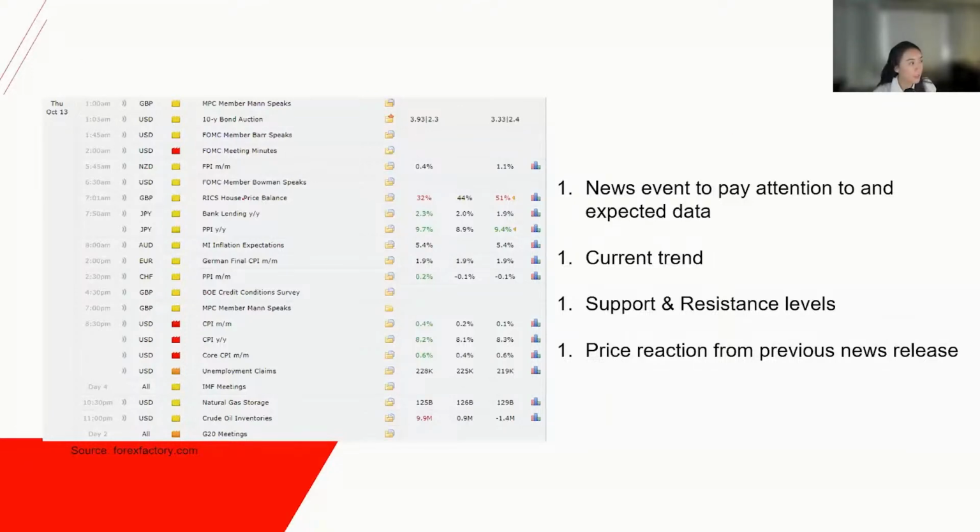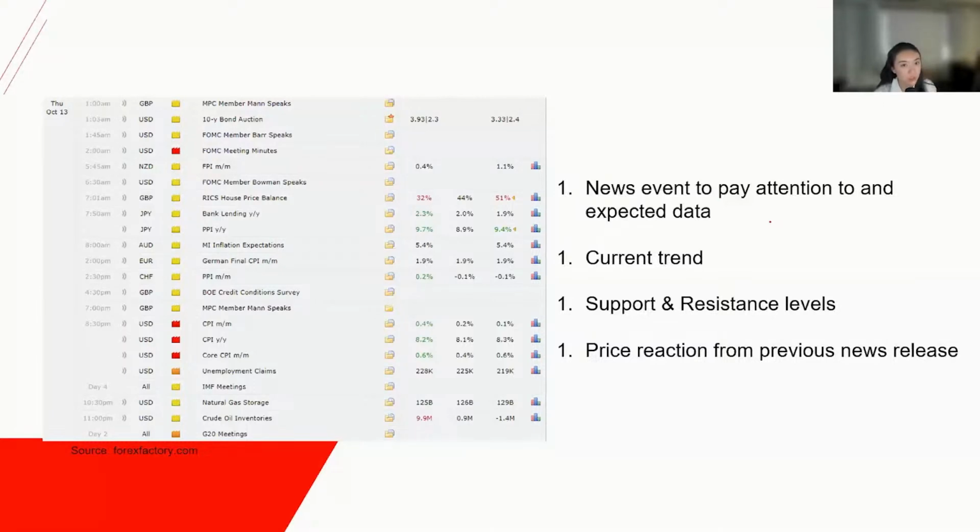Okay, so you can see here are all the news. It's very important news on the 13th October. So always remember the news event.